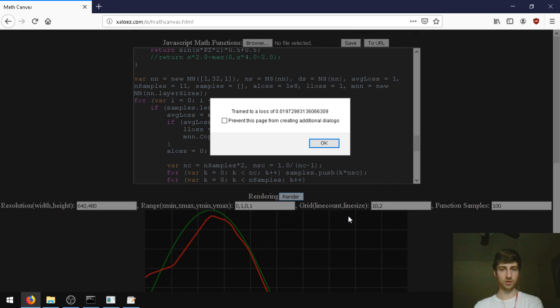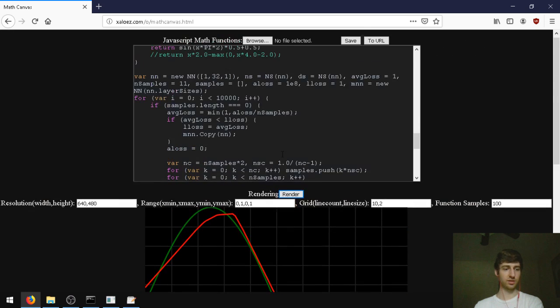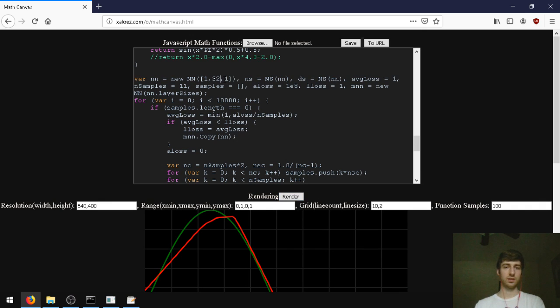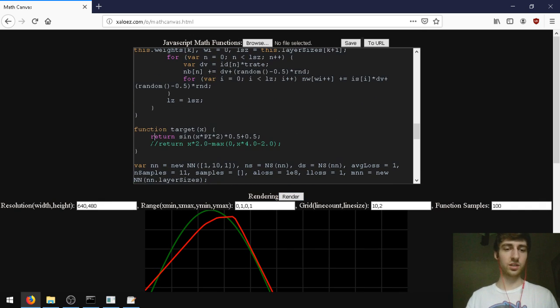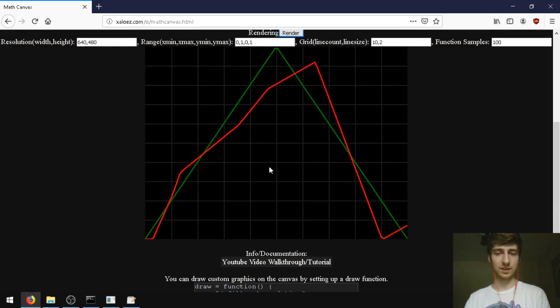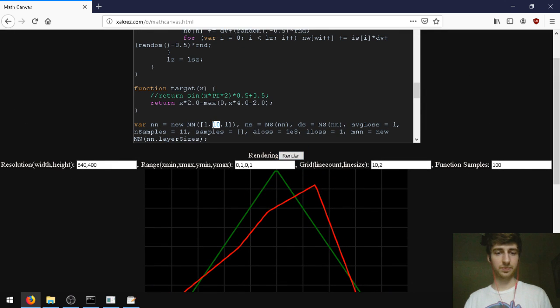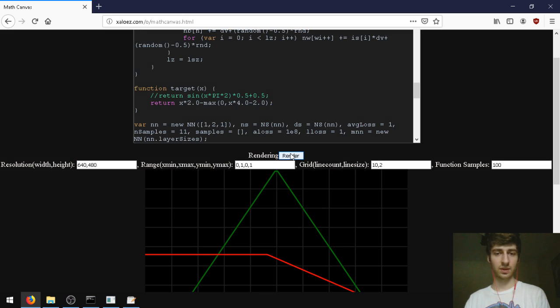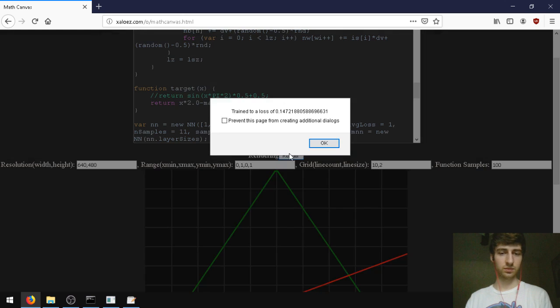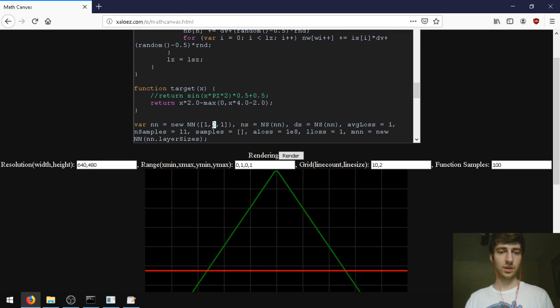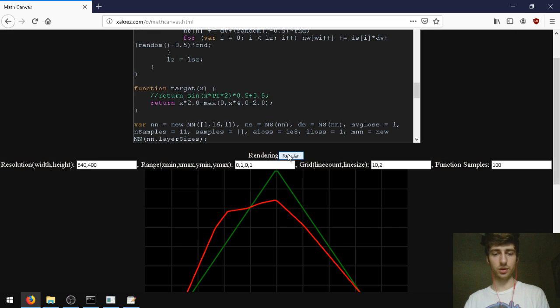Because even after 10,000 iterations, it's still pretty decent. Let's try our good old triangle wave now, and let's see how much of an issue it has with this. Yeah, so it definitely does better with more neurons.